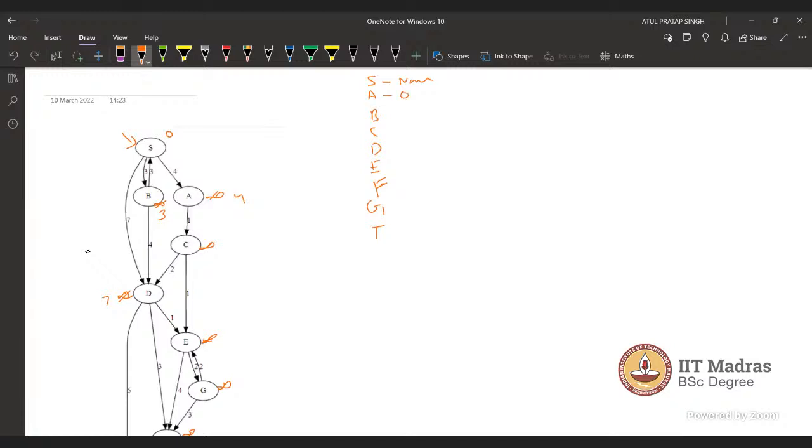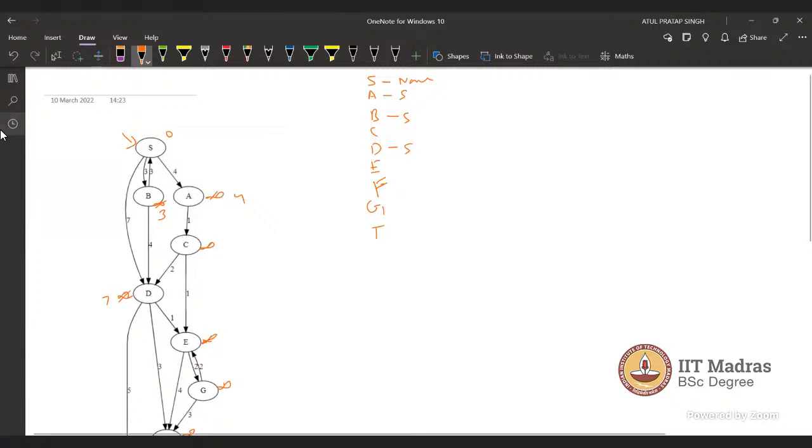A's parent is 0, and B is 0, and D is 0. Okay, after the first updation, now the parent is S.